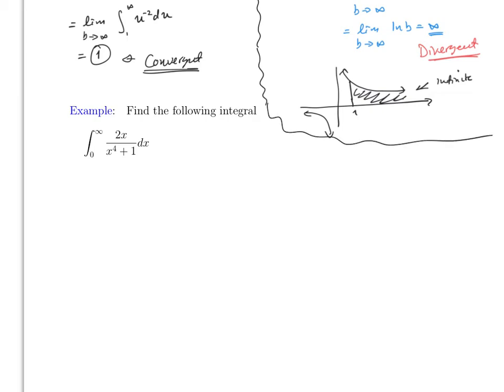Now there are several ways in which you can do this problem. You can use trig substitution, but probably the easiest way is to do just a basic substitution. So let's say that u is equal to x squared. Then du will be 2x dx. Okay. And also here we have the x.